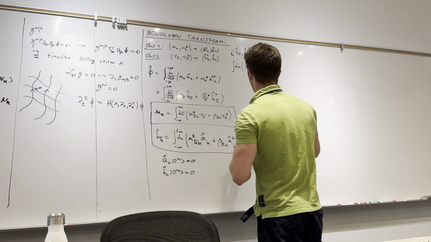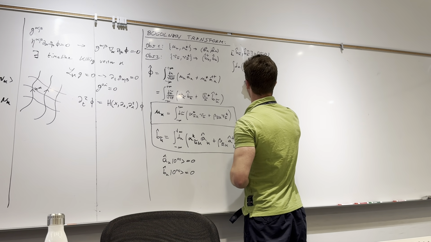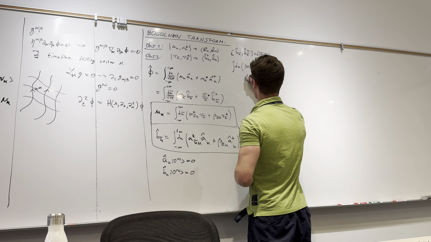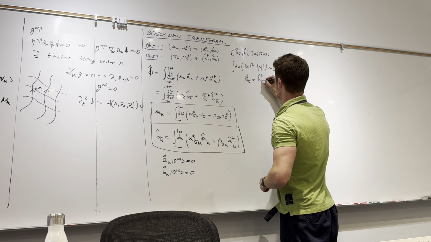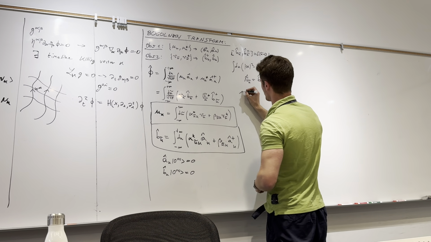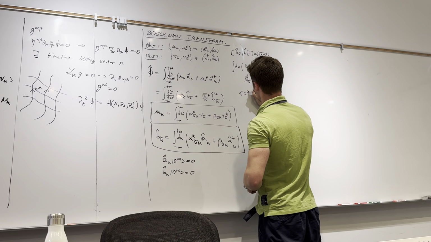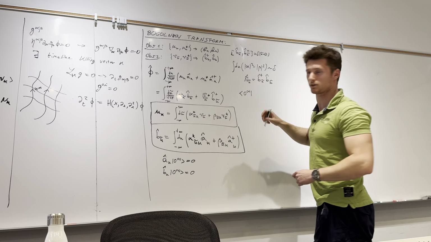So you can also see why this beta coefficient is important, because if you compute, once again, the number operator with the new observer, so this is going to be B dagger K tilde, BK tilde, and you compute the expectation value on the vacuum of the first observer as seen by the second observer.